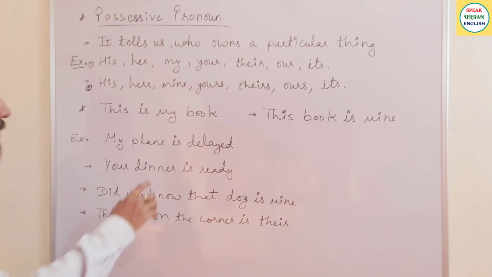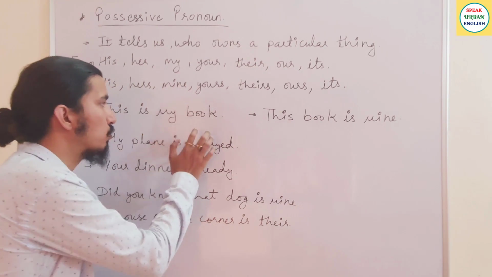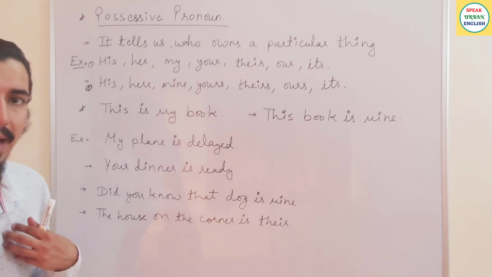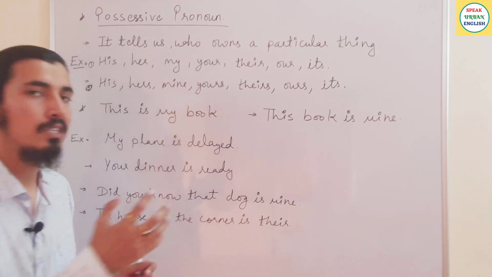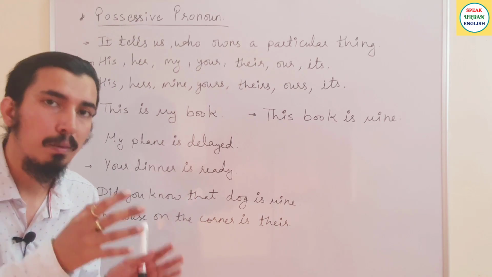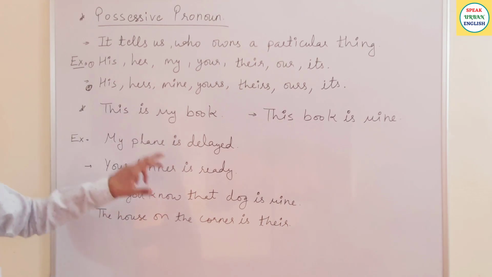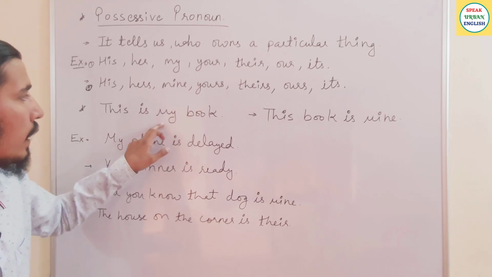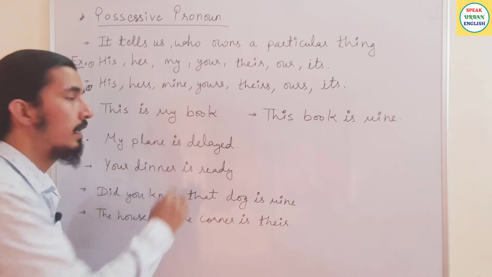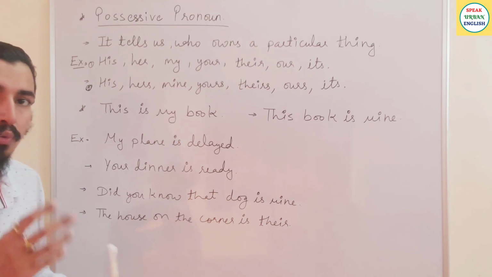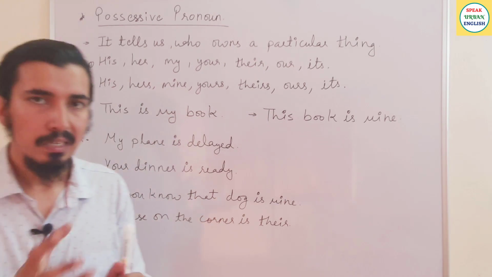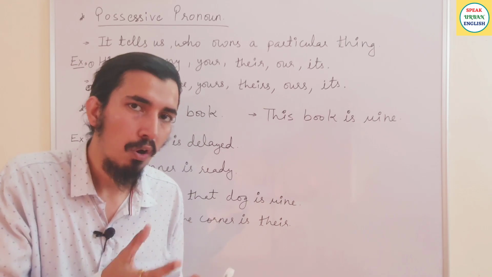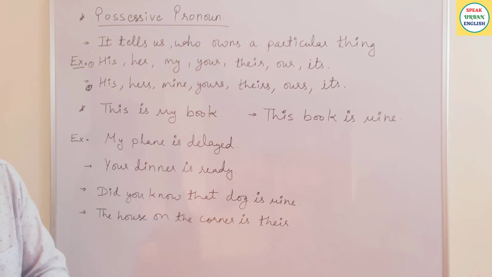So if my comes adjacent to book, the thing on which the possession is being talked about, we will use category 1. In this sentence, my and book are adjacent. So we use category 1 in these types of sentences where the thing whose possession is being talked about comes with the adjacent pronoun.